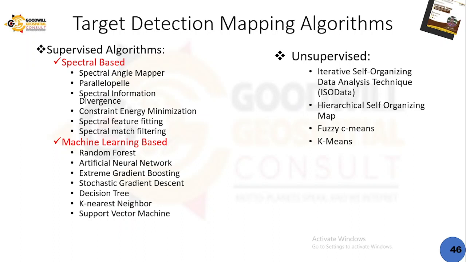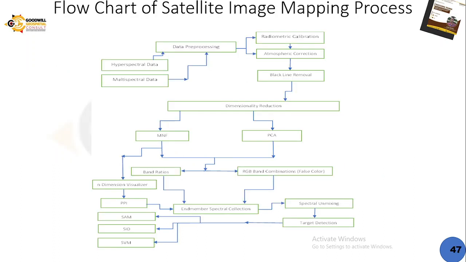We have a ton of them. Then for the unsupervised ones, we have ISODATA, that is the iterative self-organizing data analysis technique. We have hierarchical clustering, fuzzy C means, K means, and the t-distributed stochastic neighbor embedding algorithm. These are all unsupervised clustering algorithms.